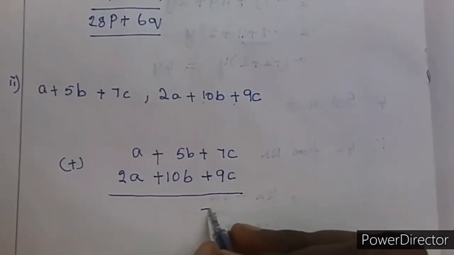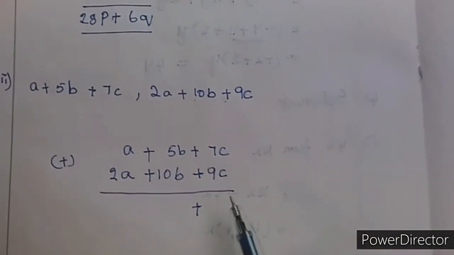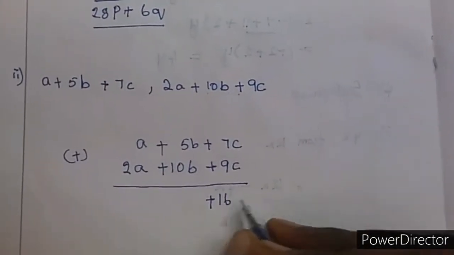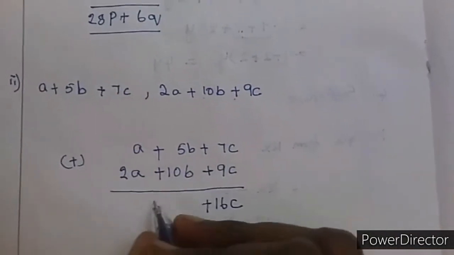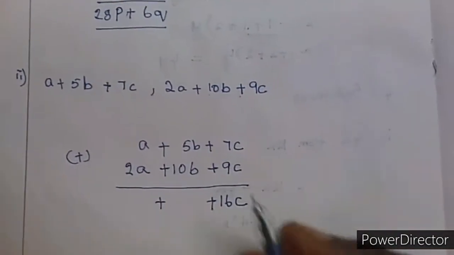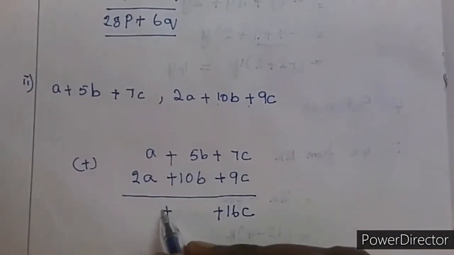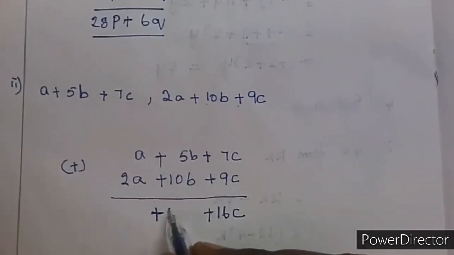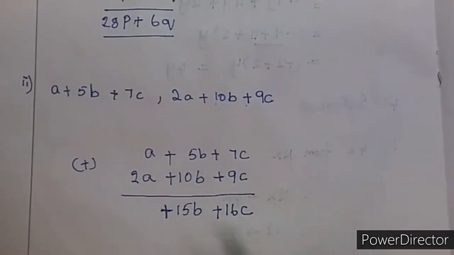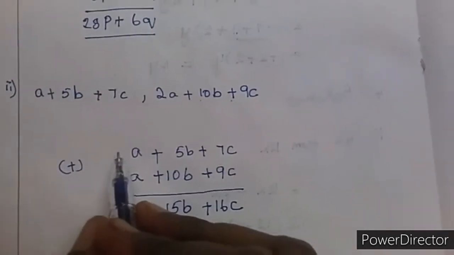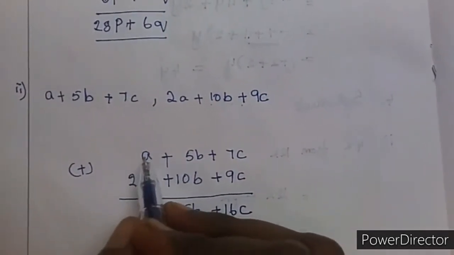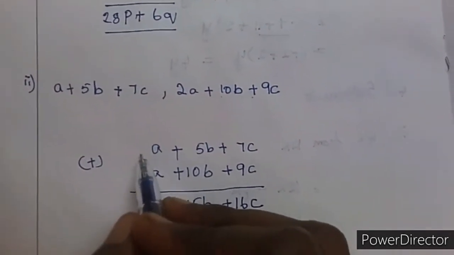Now plus into plus, plus. So 9 plus 7, it is 16c. Now plus into plus, we have to add these two numbers. Which number is greater? 10. The sign for that is plus. Now 10 plus 5, 15b. Now here I told you before, if no number is there before the variable, we have to assume that as 1.